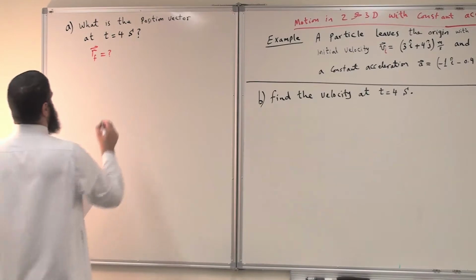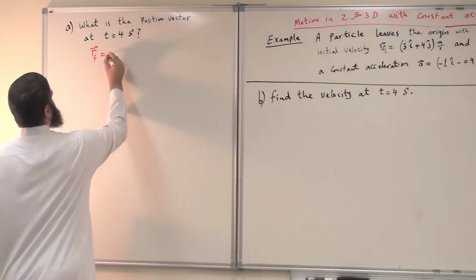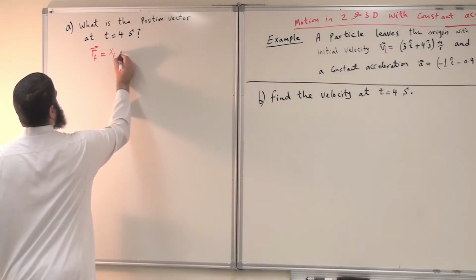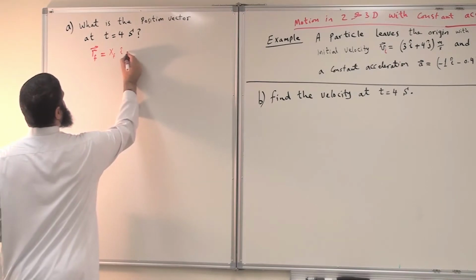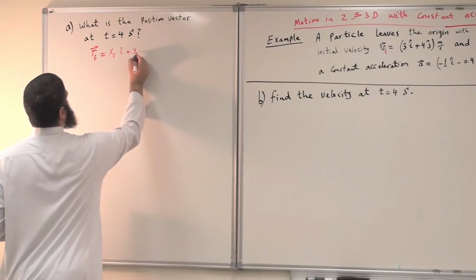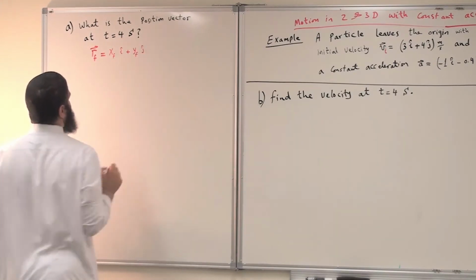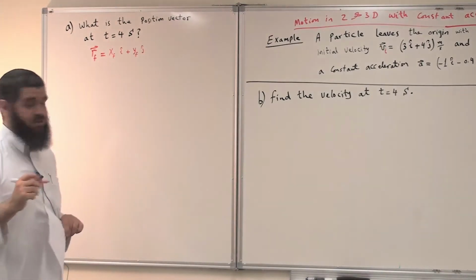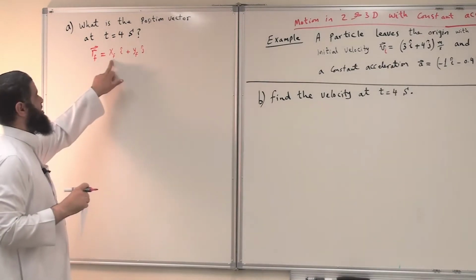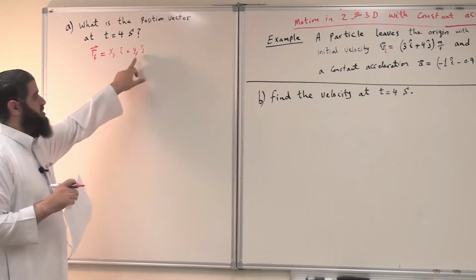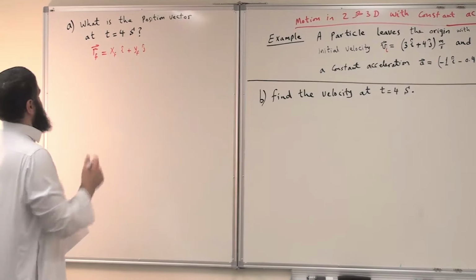So r final, as we know, is x final i hat plus y final j hat. So this is what we want. Basically, we would like to find what x final is and what y final is.